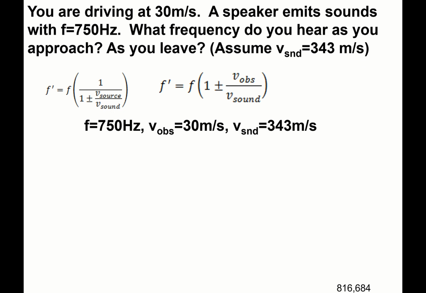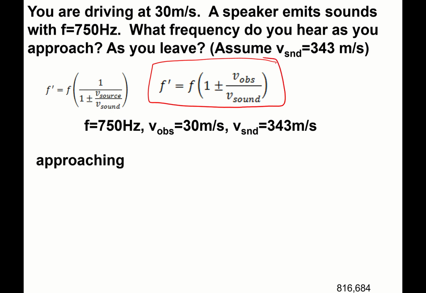So which equation are we going to use? Well, now we have the moving observer, so we're going to use the other equation. If it's approaching, the frequency has to go up. So which am I going to use, the plus sign or the minus sign? If the frequency is going to go up, I have to multiply by something bigger than 1.